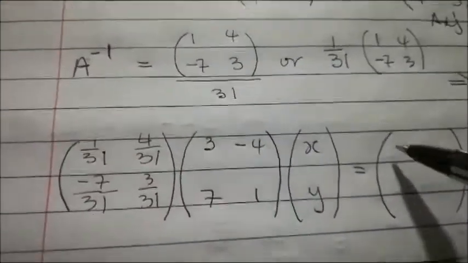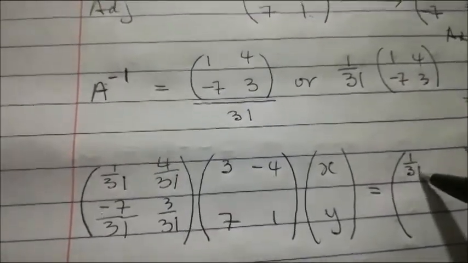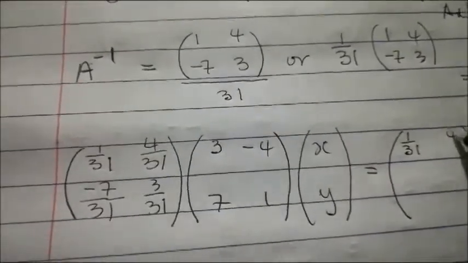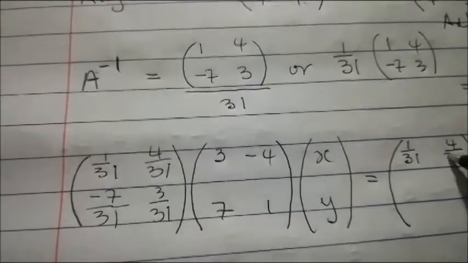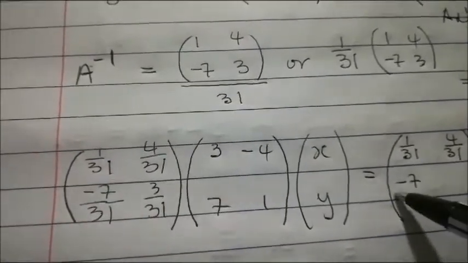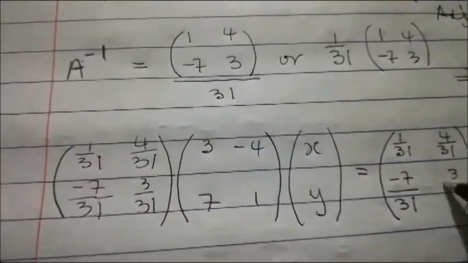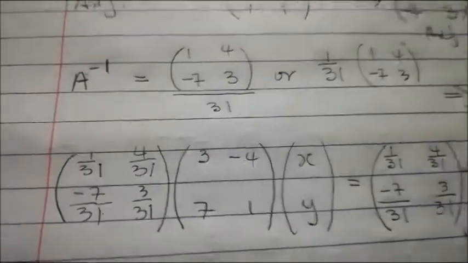We're going to insert the inverse right here, which is 1 over 31, 4 over 31, minus 7 over 31, and 3 over 31.